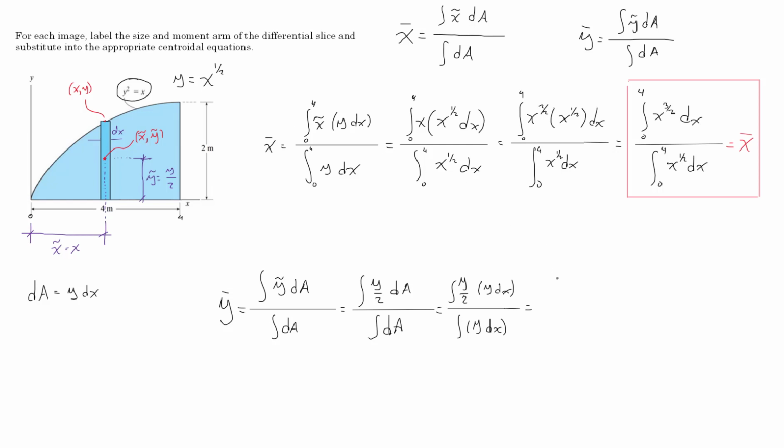So my integral, y is equal to x to the half, we have here over 2, so it's over 2, and later again the y, but y is x to the half dx. Now here is x to the half.